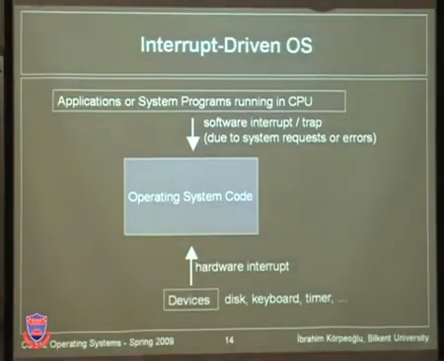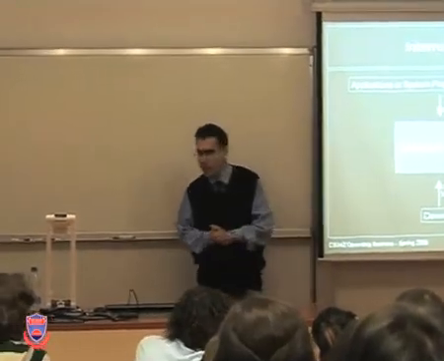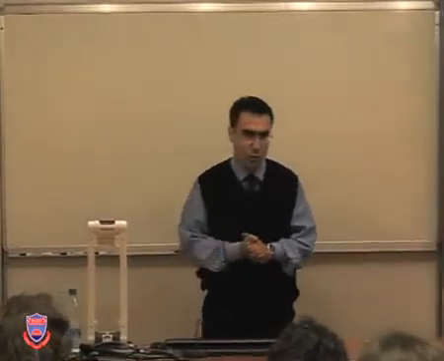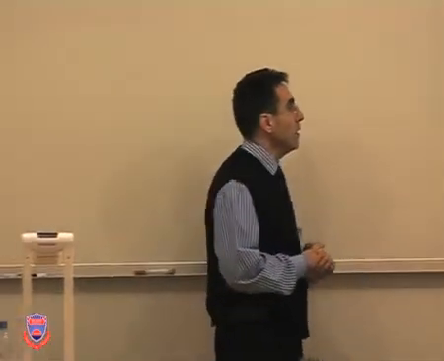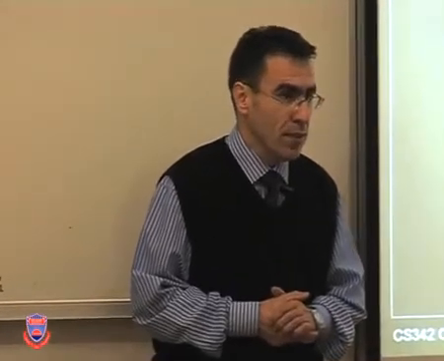So we have said that the operating system is executing in the CPU whenever some event occurs. This event can be a hardware interrupt or a software interrupt, a trap, which will be the result of, for example, a request from the application to the operating system to get a service, like doing I/O.